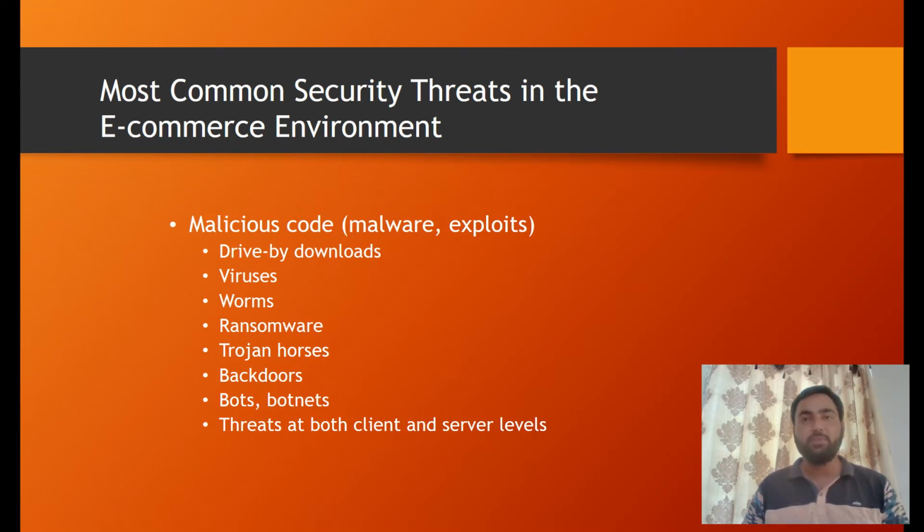It is a program divided into two parts: one is the client program, another is the server program. The client program resides with the attacker, and the server program is spread over the network. When you download that program and install it in the system, it starts stealing information from your system and sends it back to the client program to which it is directly attached. So this is Trojan horse.